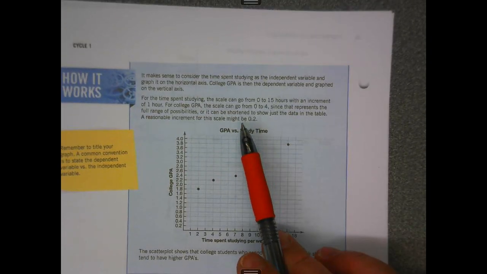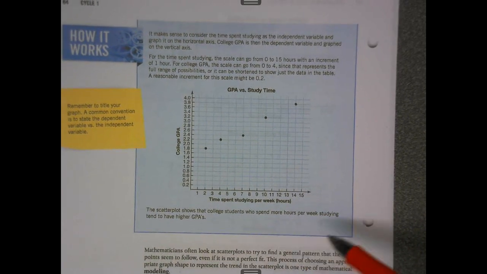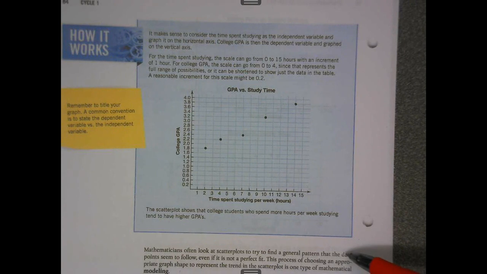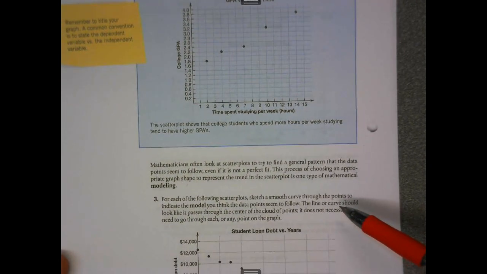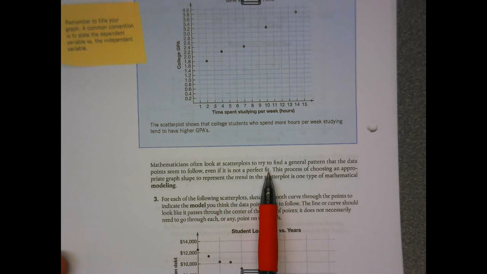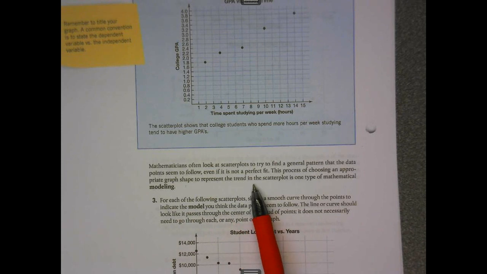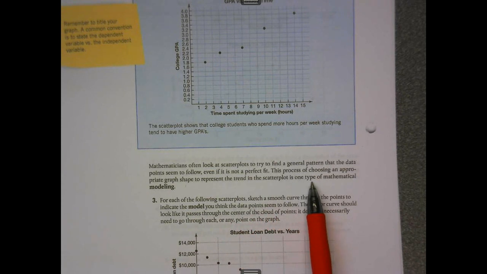For each of the following scatter plots, sketch a smooth curve through the points to indicate a model you think the data points seem to follow. The line or curve should look like it passes through the center of the cloud of points. It does not necessarily need to go through each or any point in the cloud.